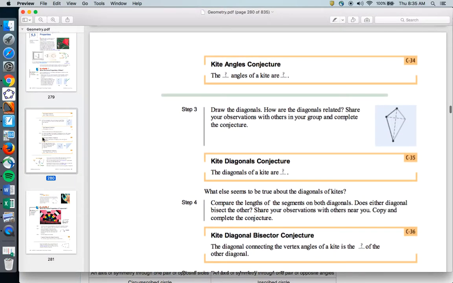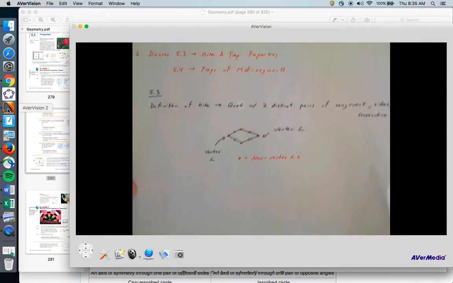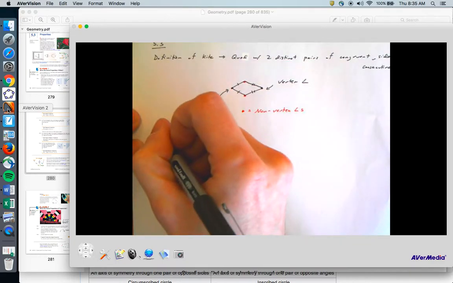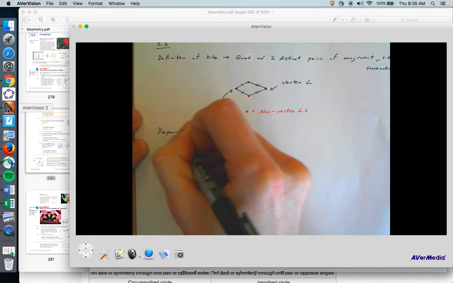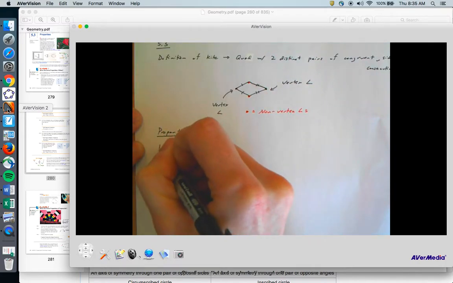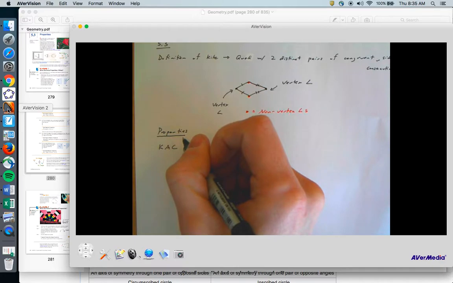Kite angles conjecture. So I'm just going to create a section called properties, properties of kites. I'm going to call it the KAC, kite angles conjecture. I think that's what it's called. Yep.